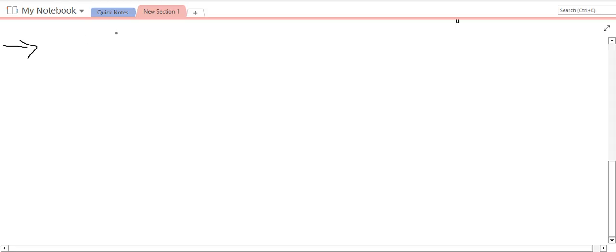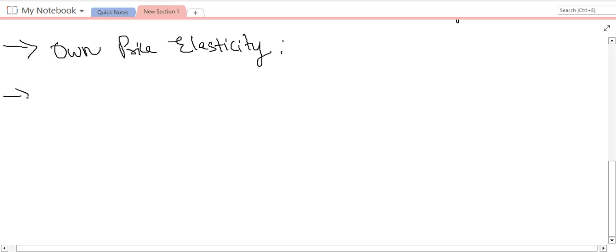So now let's talk about elasticities. There are two kinds of elasticities. One is own price elasticity. The other one is cross price elasticity.